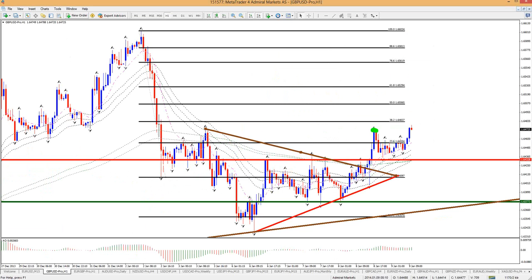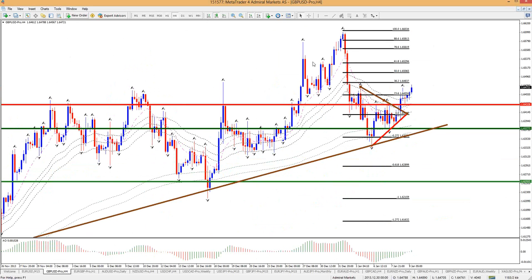In the meantime, we've had a small consolidation and a break to the upside. But as far as I'm concerned, it seems that the 38.2 could be a resistance spot. Let's see if that's so. These fibs are still something that I would be concerned of. But despite that, this is an uptrend though.